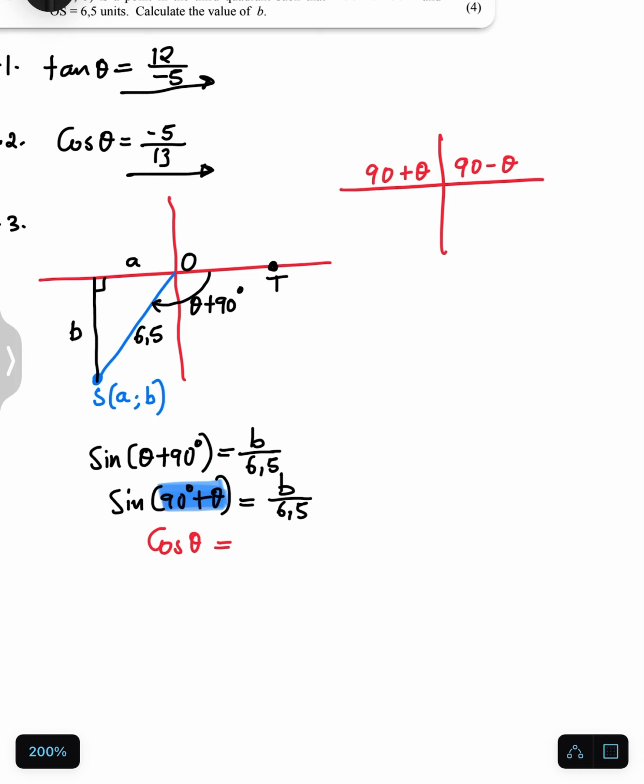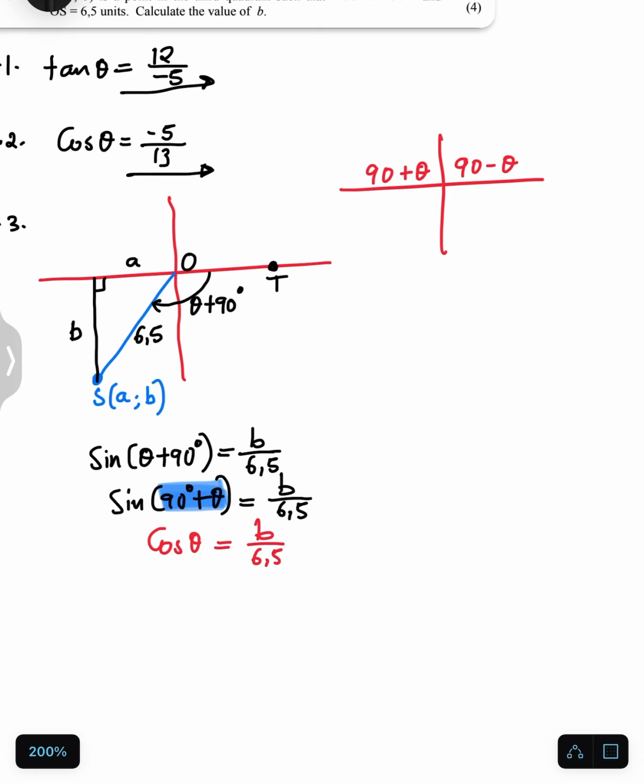Sine is positive in the second quadrant, however, cos is negative. So this is cos theta, which is B over 6.5.